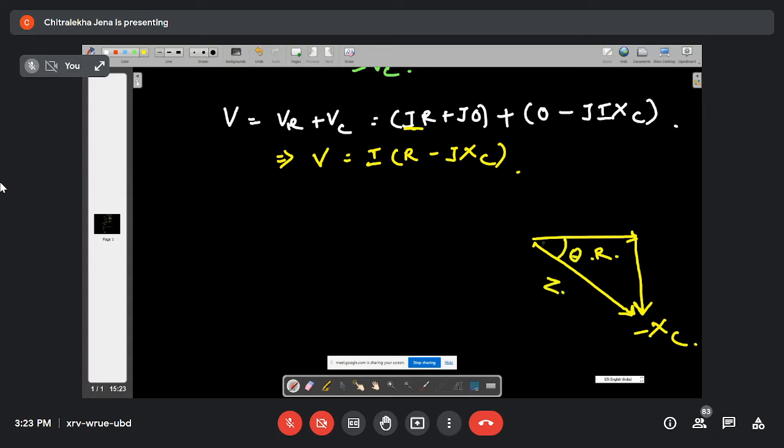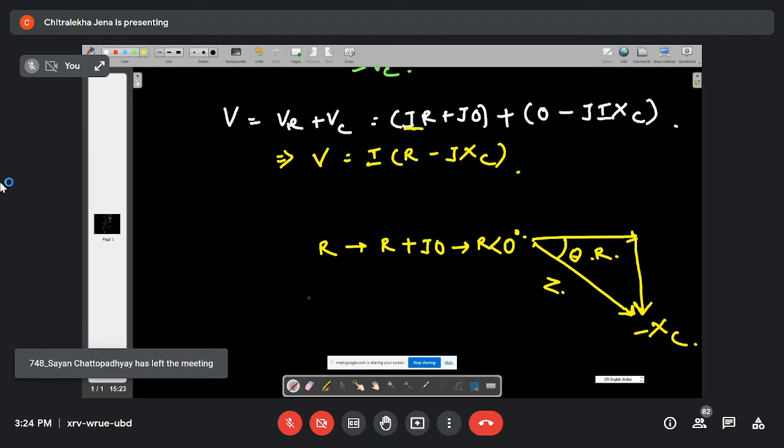So how will I write the R phasor? R can be written as R plus J0, or in polar form it can be written as R at an angle 0 degree. Yes or no? Got it?